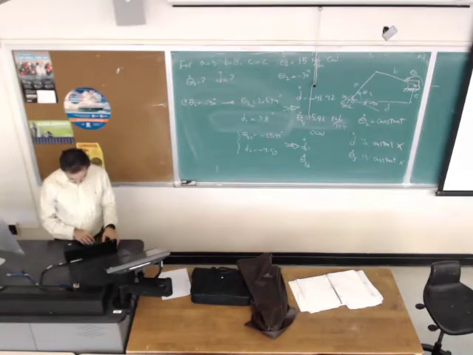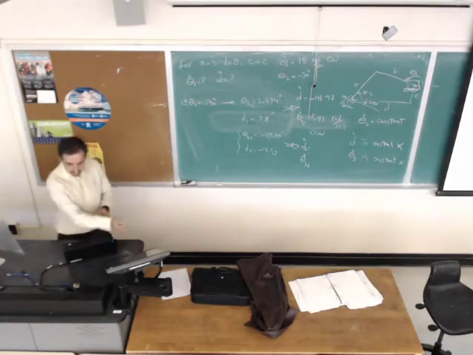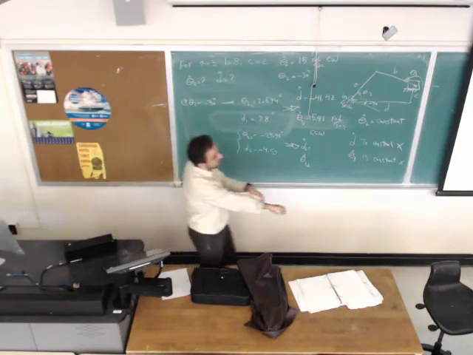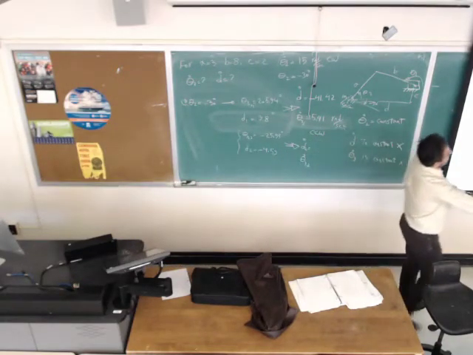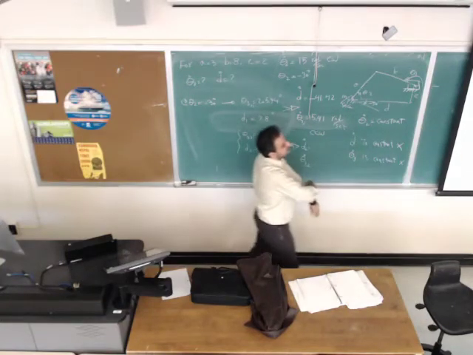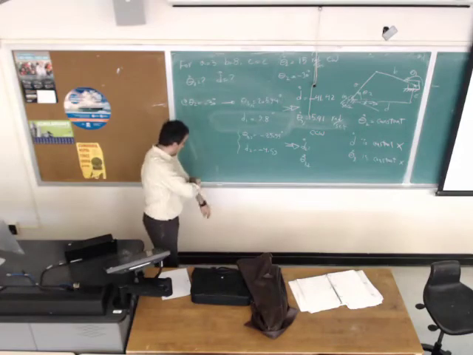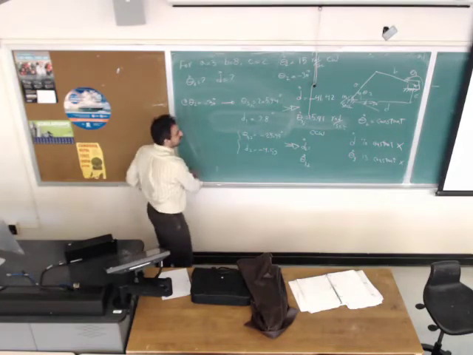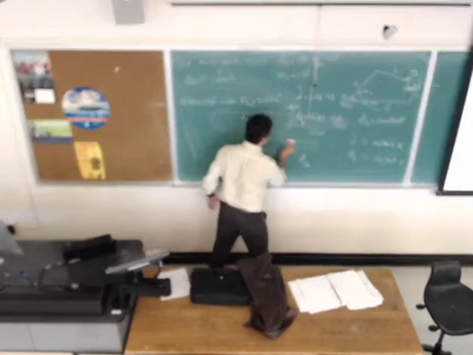So let's go to the next mechanism, which is the 4-bar mechanism. We are going to do the velocity analysis for a 4-bar mechanism. So again, we should perform the displacement analysis first.